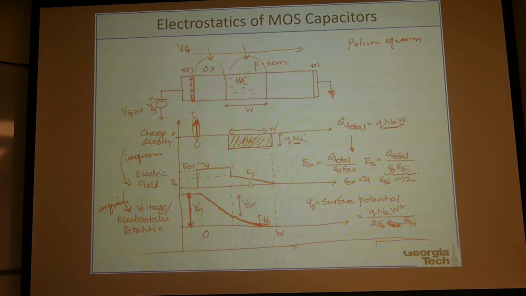This is because we will integrate the linear function, the first order, you're going to get a second order term here. And then here in the oxide, because it's a constant, if you integrate, you will get a linear function here. So that's why you have the linear drop, and then the second order curvature here. This is first order and then second order.